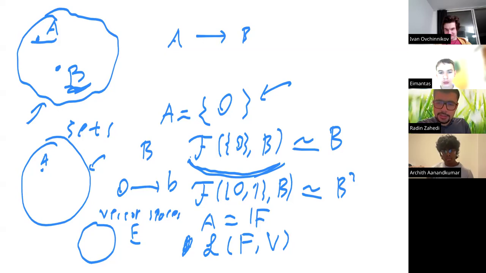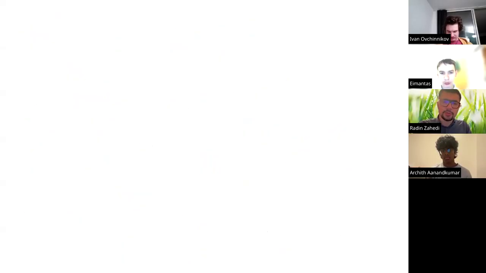Again, just like in this example, we just need to decide on what we want to take 1 to. So it would essentially be V itself. So this is one kind of construction.